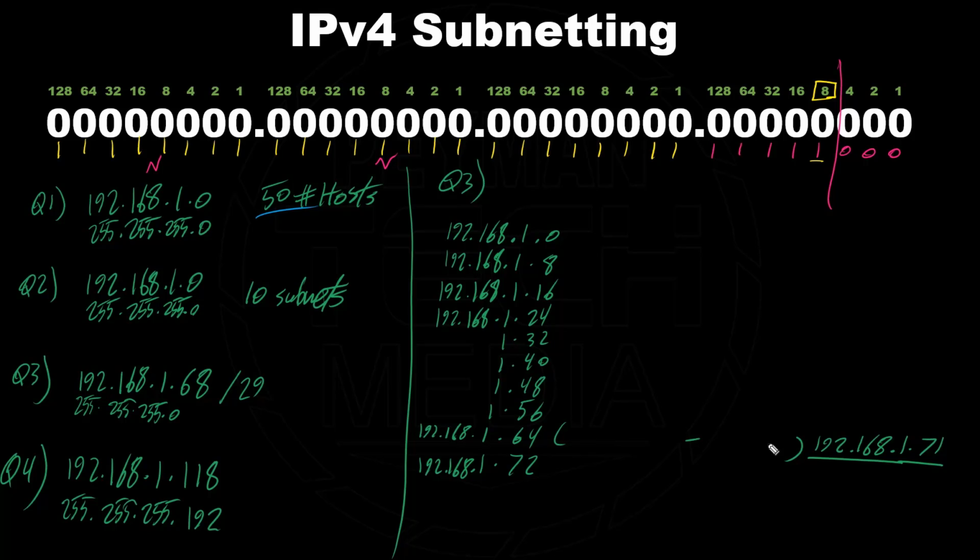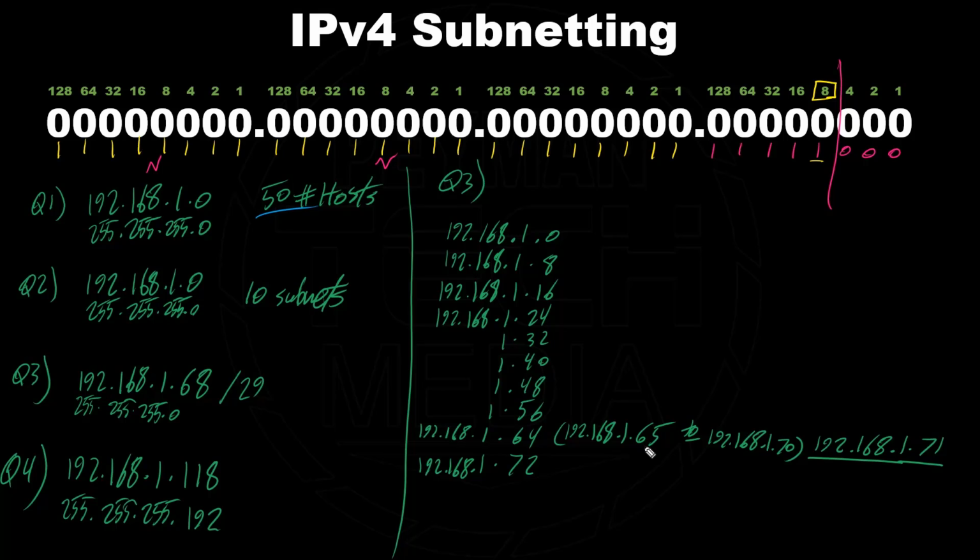Now let's write the available IP addresses. The first available IP address in this subnet is 192.168.1.65, and it goes to 192.168.1.70. So 68 is one of the IP addresses in this range.